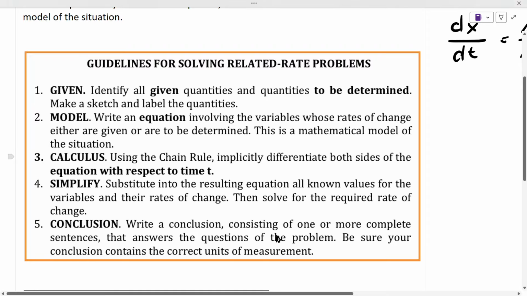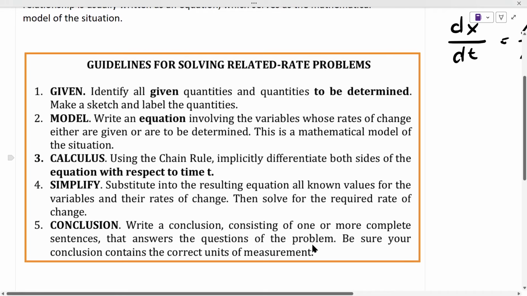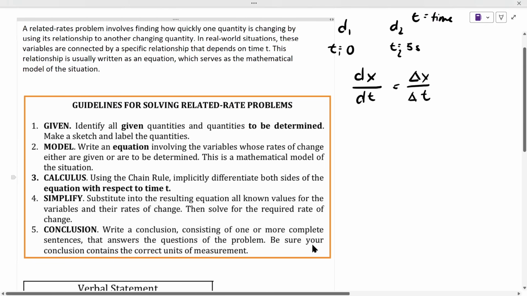Write a conclusion consisting of one or more complete sentences that answers the question of your problem. Be sure your conclusion contains the correct units of measurement. So these are the general steps when you solve a related rate problem.